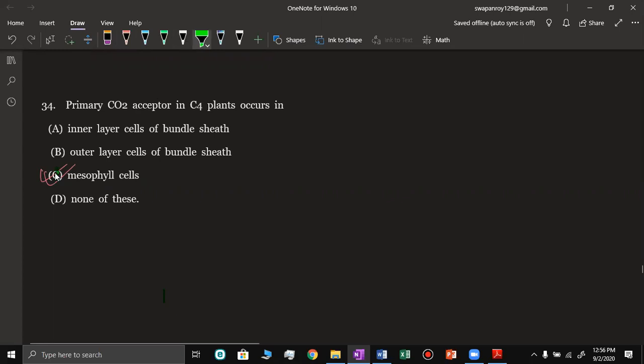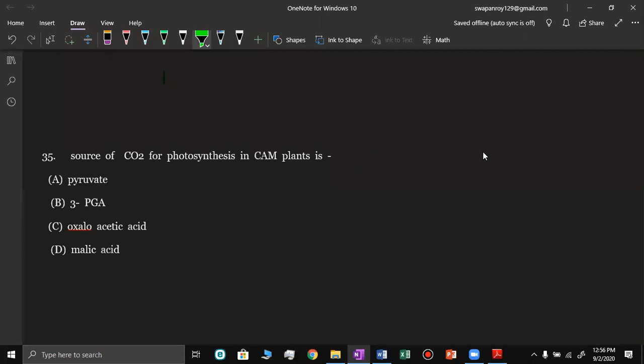Now, photosynthesis in the CAM plant. CAM is another plant which shows a special adaptation for high temperature.